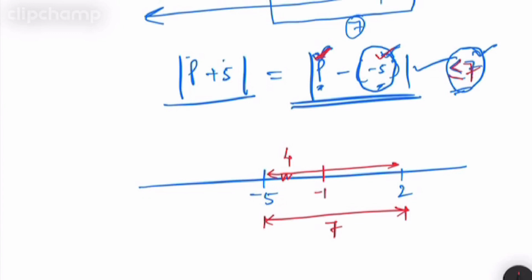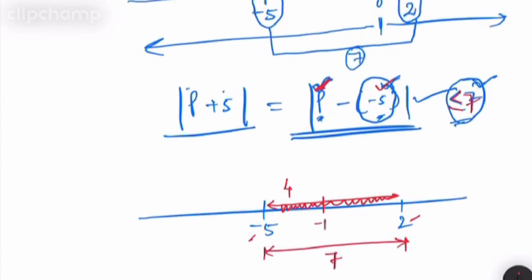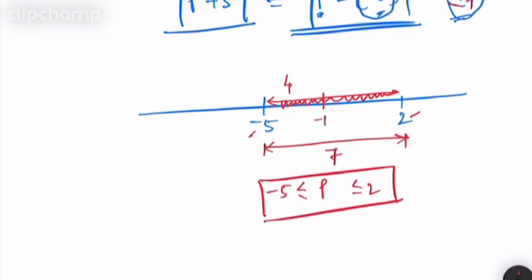All the points in this range between minus 5 to 2 will satisfy our requirement. Therefore the value of p will take anything between minus 5 to 2.